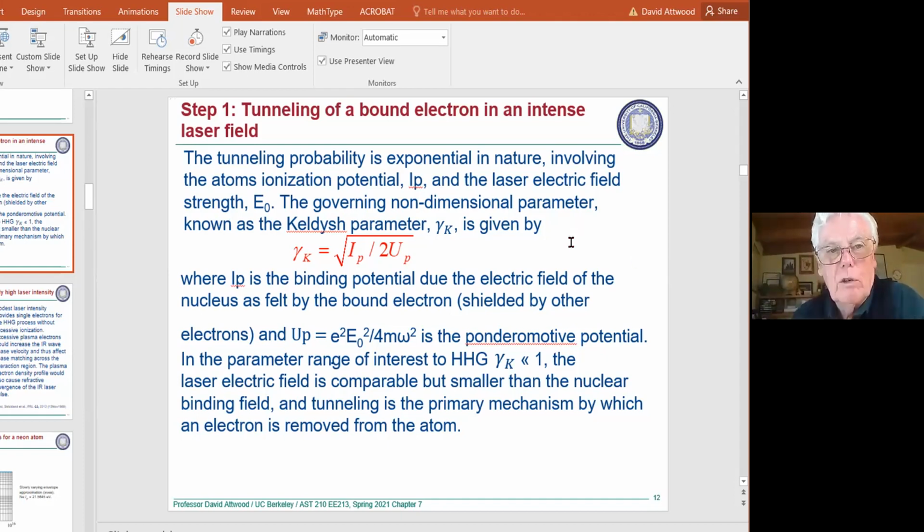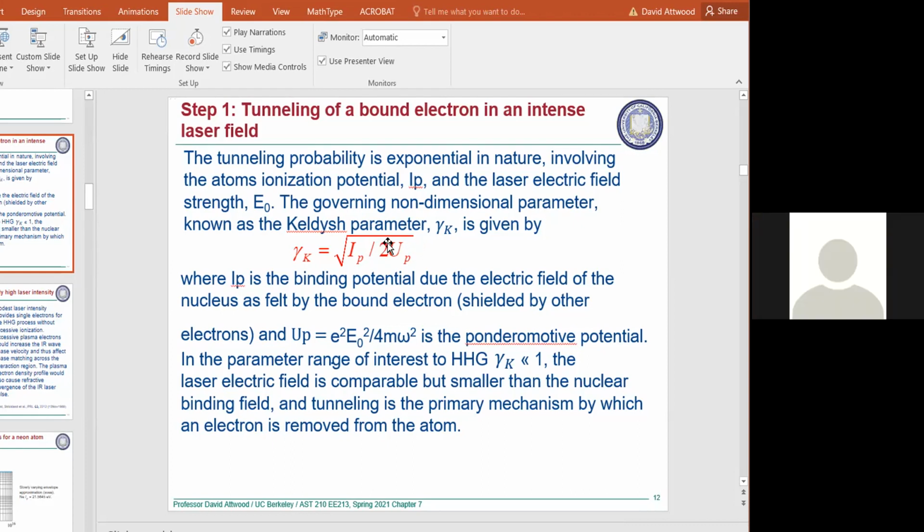And so Keldysh analyzed this, and he found a parameter, the ionization potential divided by twice the ponderomotive potential, and that parameter helped to characterize the tunneling possibilities. We didn't do that. If you want, I could bring a slide next time which shows the tunneling process. Maybe that would be a good idea.